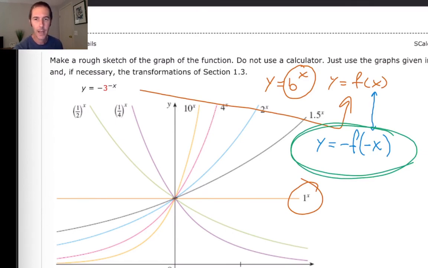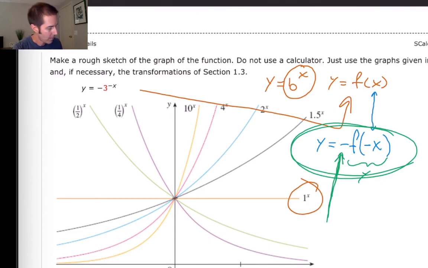The negative that's outside the function is going to cause a vertical reflection because we are negating all of our y values. f of negative x is going to generate some y values for us, but before we use them, we'll apply this negative that's outside the function. So that's going to cause a reflection over the x-axis, a vertical reflection.